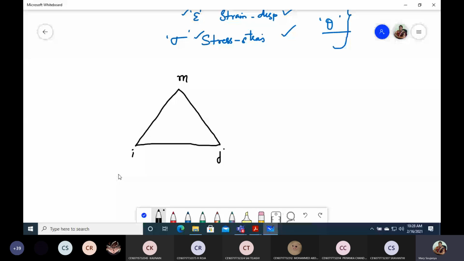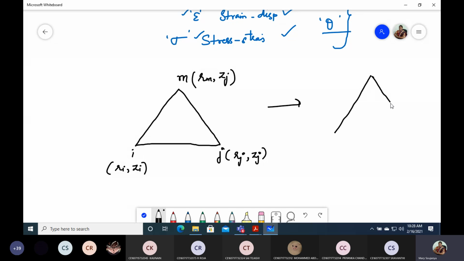Eliminating theta, because we are considering it independent of theta, what terms are we going to have? Coordinates ri and zi. R, theta, z, right? So eliminating theta, rj, zj, and now rm, zm.